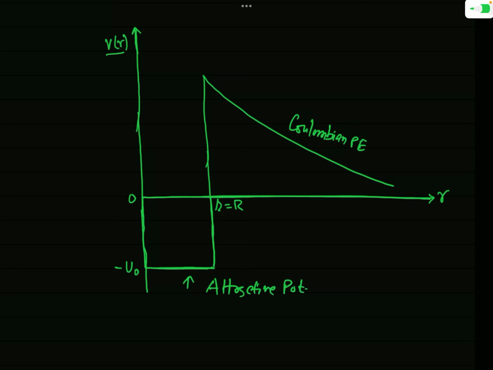Now you can join the curve which represents the Coulombian potential energy and the attractive potential energy, which is minus u0, by this line r equal to R. This potential well I have assumed here is a simplified version.